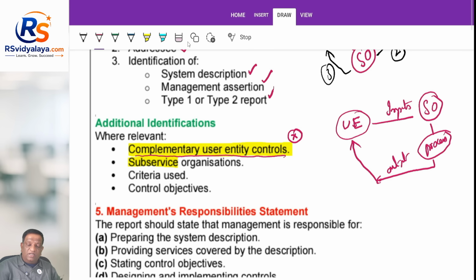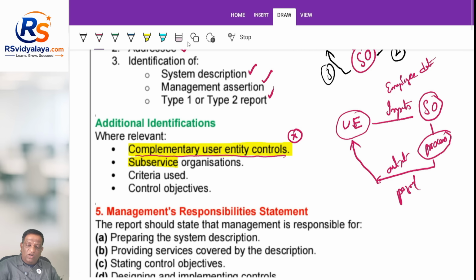Let's say it is payroll: you give the employee database to them, they consider all the taxation, TDS, section 192, whatever it is, and they give the payroll data.